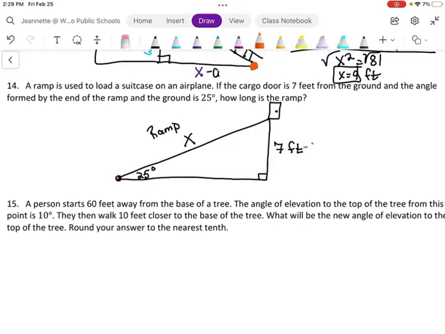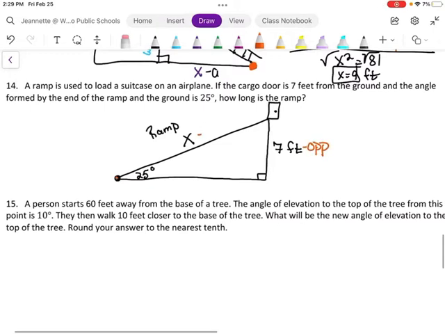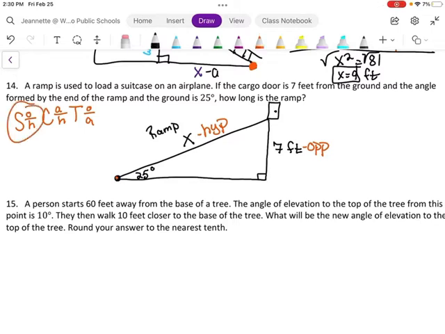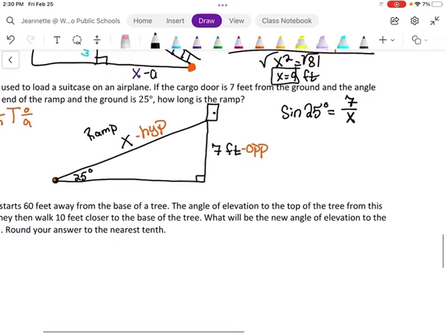So this one we're given an angle and one other side length. We're going to have to use some trig for this. So whenever you're only given one side length and one angle, you should know that you are going to be using sine, cosine, or tangent. Okay. So this one has opposite and hypotenuse, so we're going to set it up using sine. So we'll do sine of the angle 25 degrees is 7 over x.